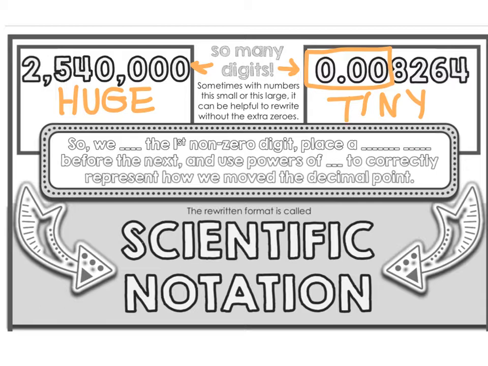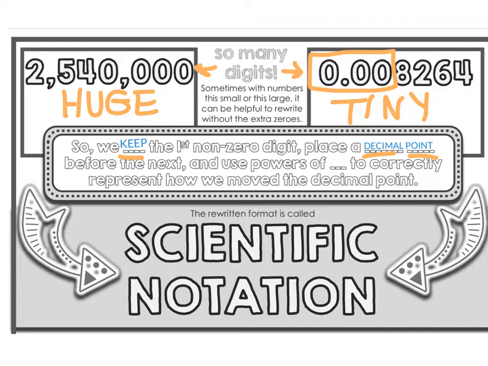Okay, next we're going to look at this fill in the blank. We need a 4-letter word to fill in here. We blank the first non-zero digit, and we place a blank before the next one. Our first two fill-ins are keep and decimal point.